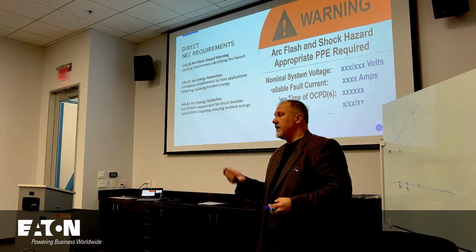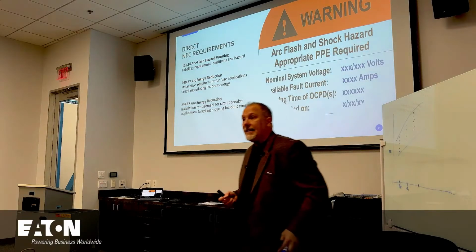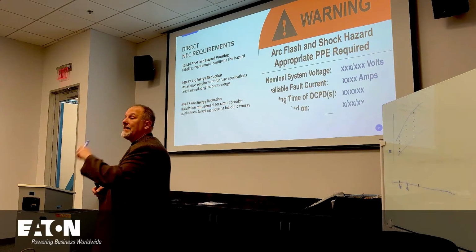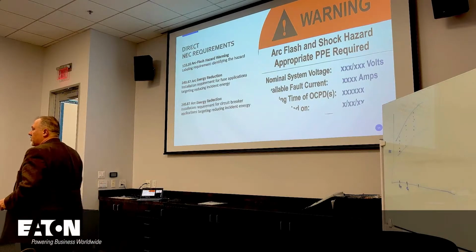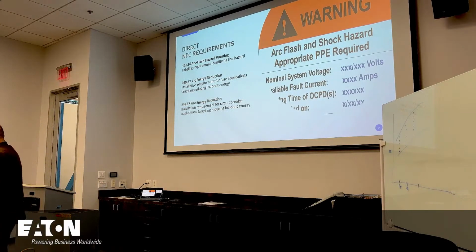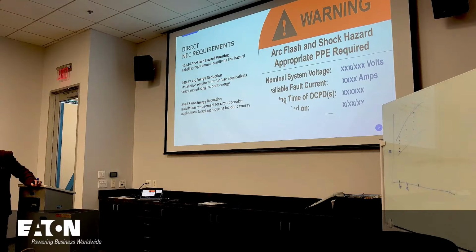Voltage, current, I think clearing time, those three, and the date. 70E does not require a date on their label, but the National Electrical Code requires a date that you made the label. So 110.16(B) was introduced, I believe it was the 17, and in the 2023, they removed the available fault current. They removed all of those requirements for marking because it can be hazardous.